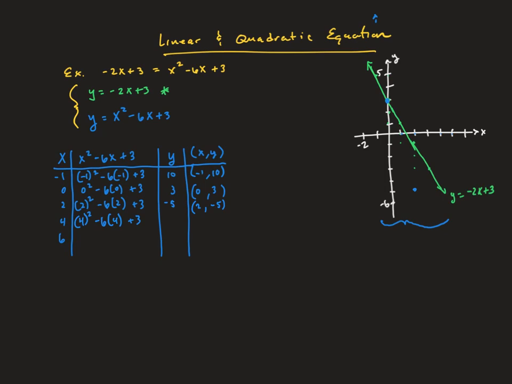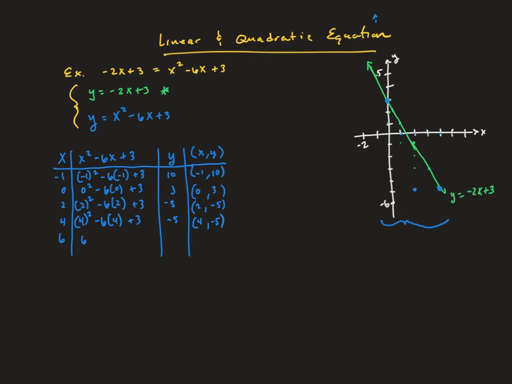I'm sorry, negative 8 plus 3 is going to be a negative 5. So I'm going to have 4, negative 5. So that's going to be 1, 2, 3, 4, and negative 5. So it looks like we may have found our intersection points here if I were to graph it.